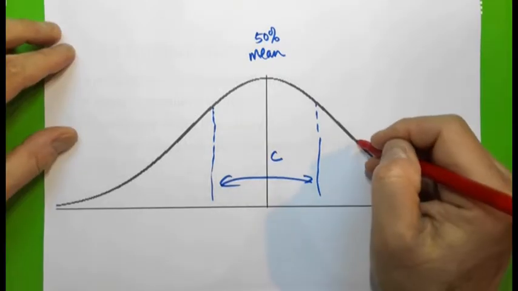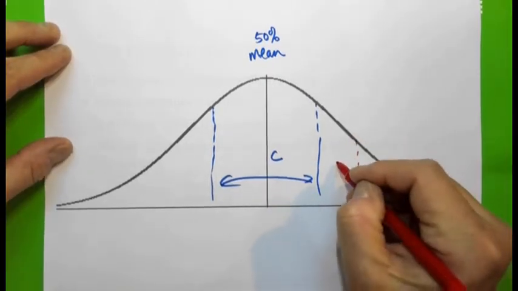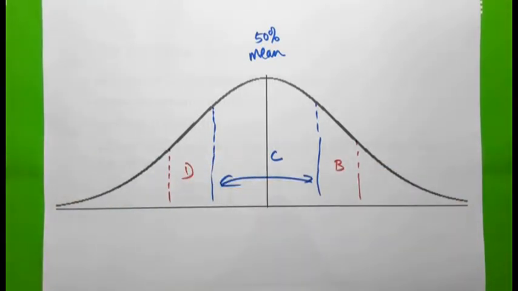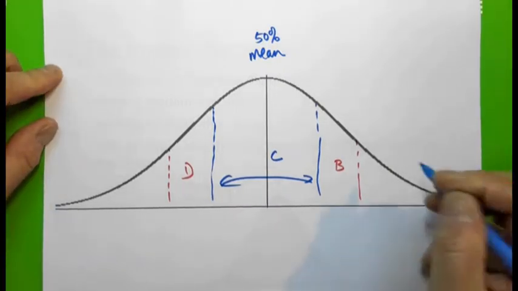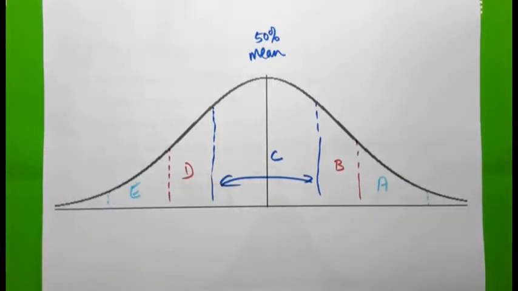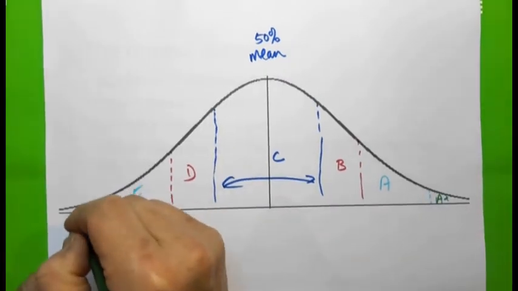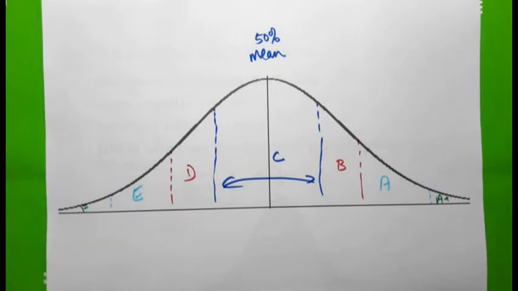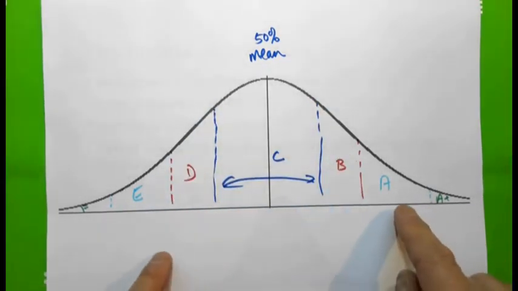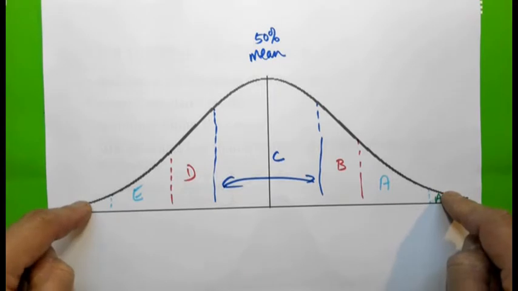And then a little bit higher, this is your B, and this is your D. And a bit higher again, this is your A student, this is your E. And of course, the rest is either A plus or F. So, for a perfectly distributed score, you've got a range of students who score around C, B and D, A and E, A plus and F.